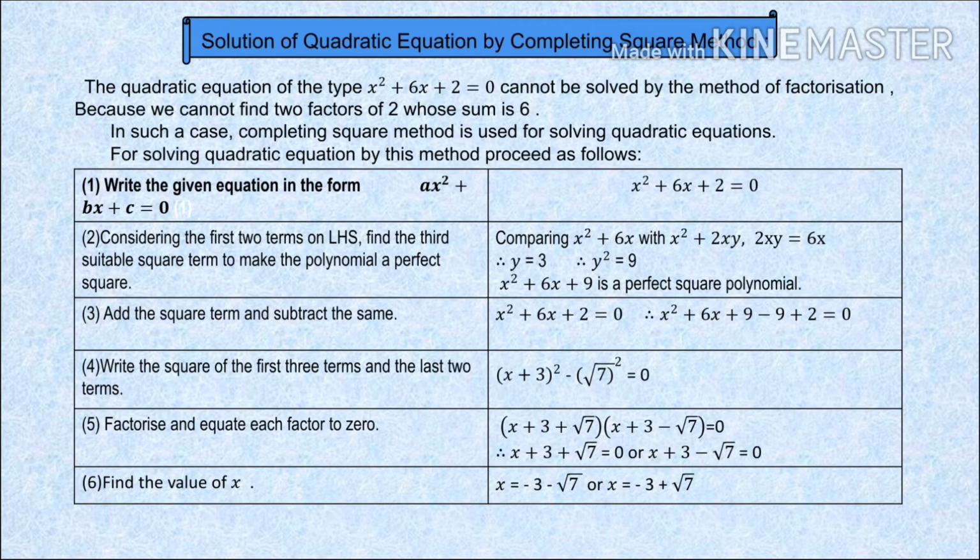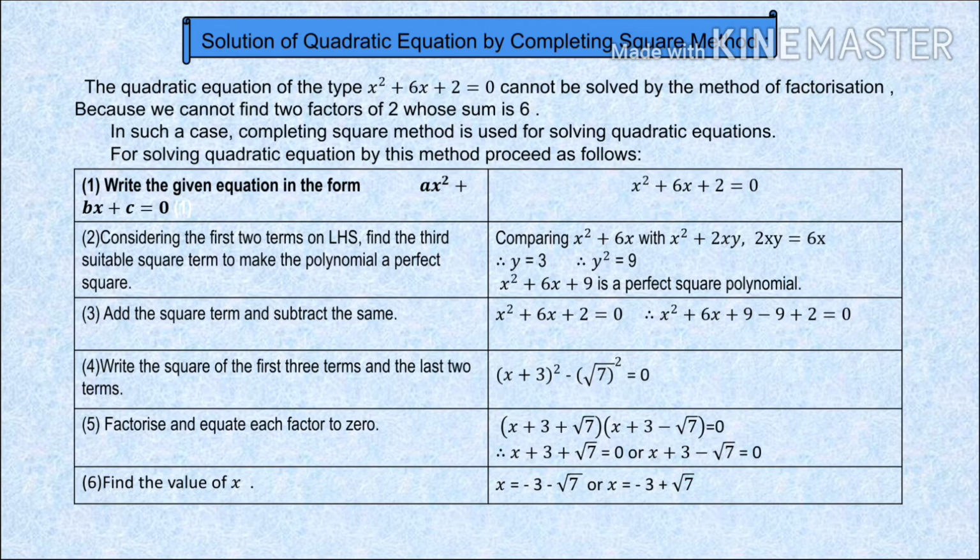Therefore, x plus 3 plus root 7 is equal to 0, or x plus 3 minus root 7 is equal to 0. Now, last, find the value of x. x is equal to minus 3 minus root 7, or x is equal to minus 3 plus root 7.